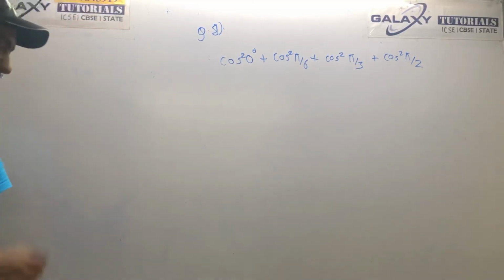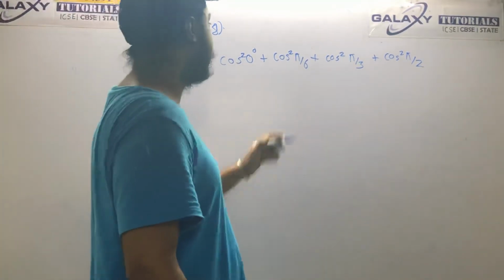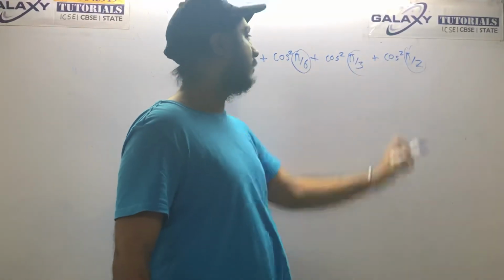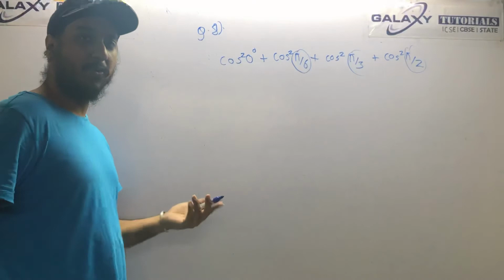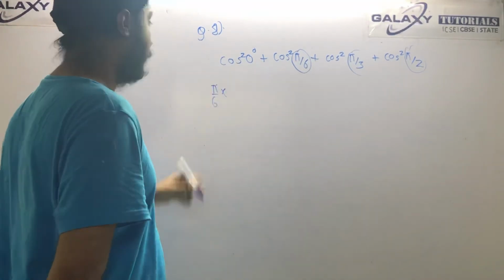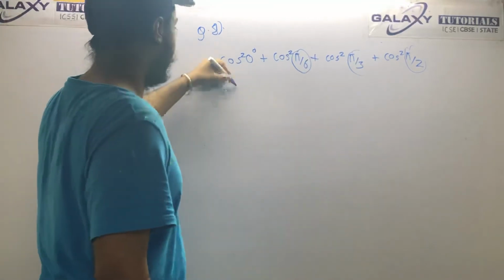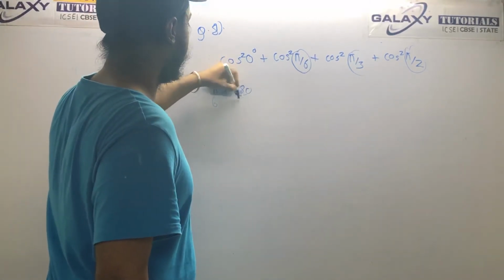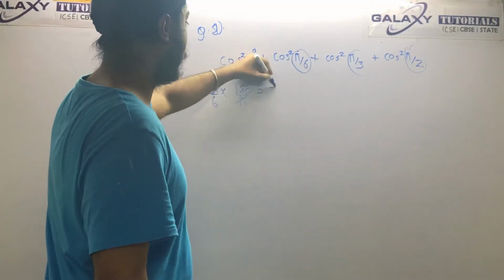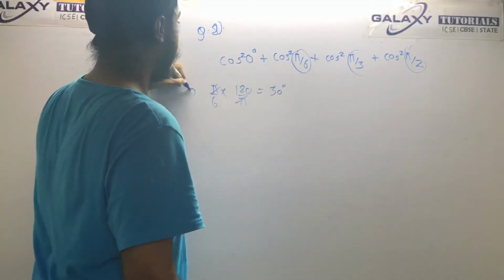The trick here is that the angles are given in radian. Okay, so I told you how to convert from radian to degree. Just multiply the radian part by 180 by pi. So pi cancels. This is how much? 30 degrees.